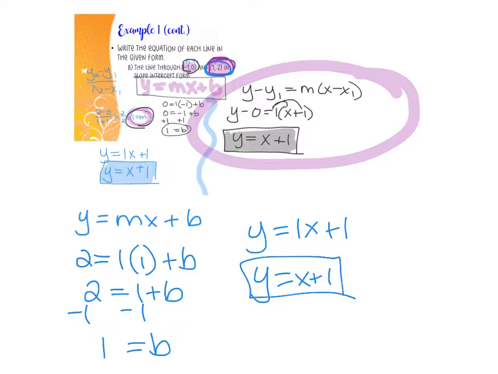The other way is I plugged it into slope-intercept form to solve for b, and then I had to take the b and the m and plug it back into slope-intercept format. The one on the right, you just plug it in once and solve, and you're done. The one on the left, you're plugging it in twice: the first time to get the b, and the second time to get your answer in the right format.